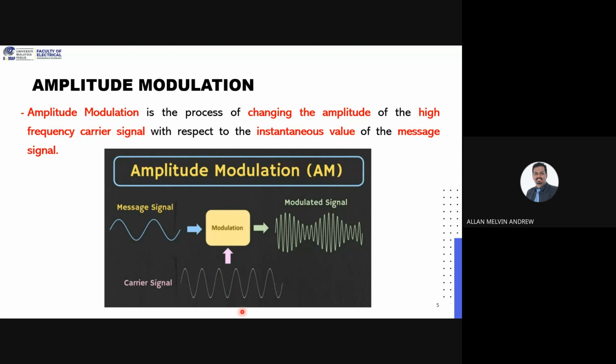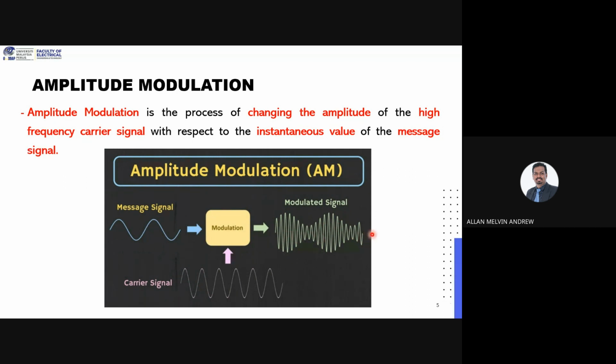That is the carrier signal. Once you modulate, you are mixing it together, so you can see what happened to the carrier signal. This is actually the carrier signal, but it is following the shape of the modulated signal. It is following the message signal's shape. In between, there will be the carrier signals.